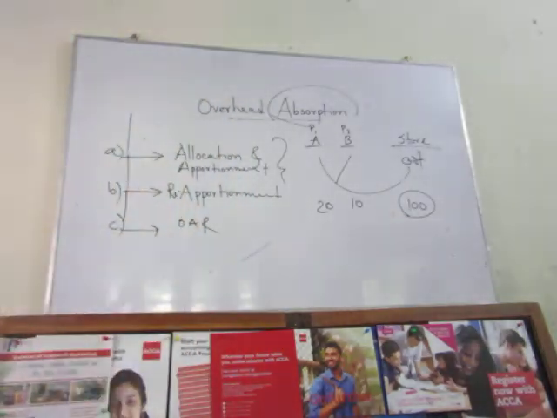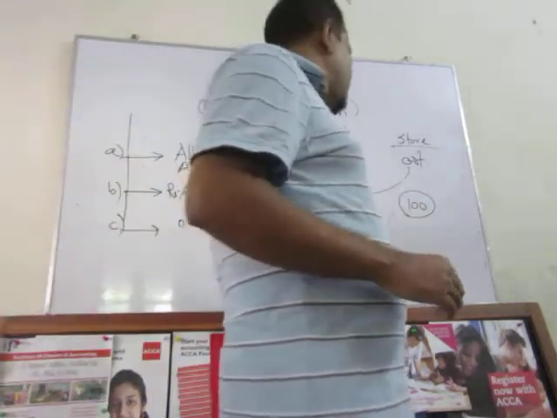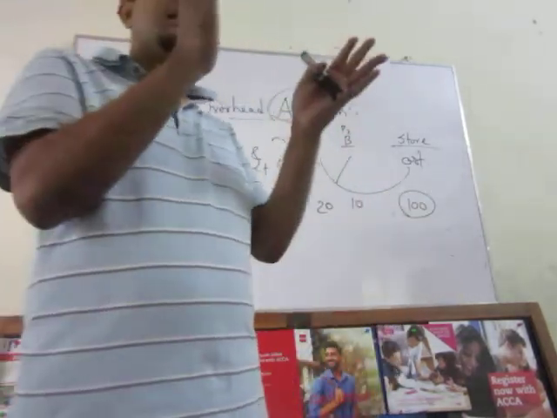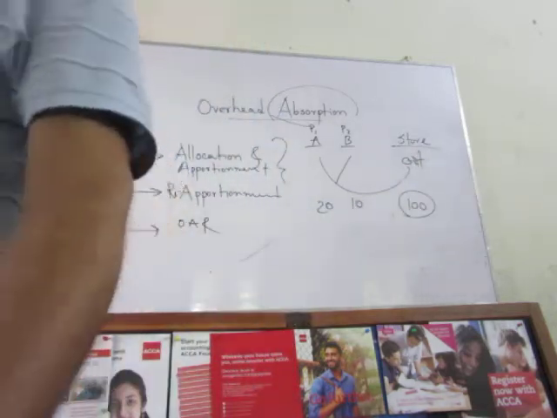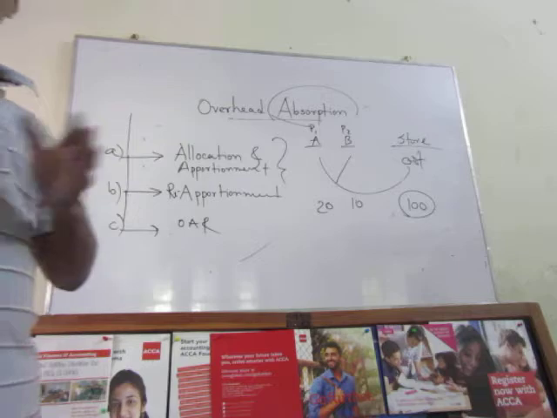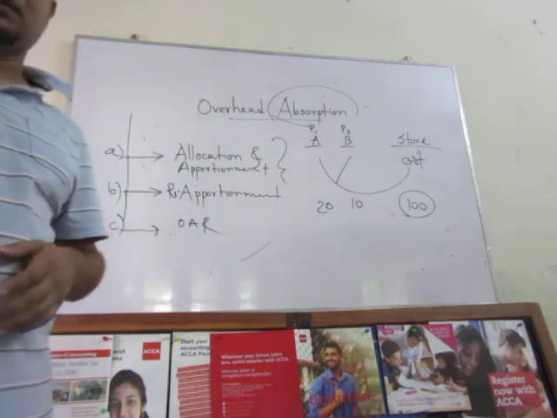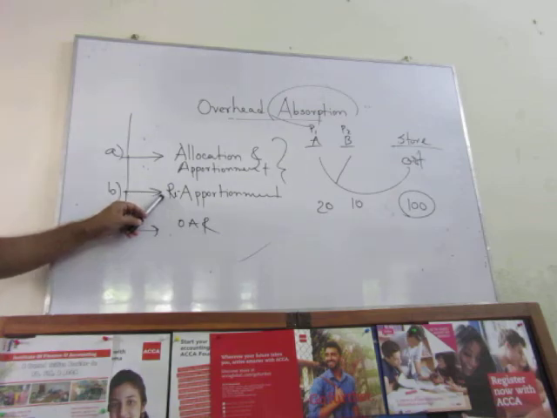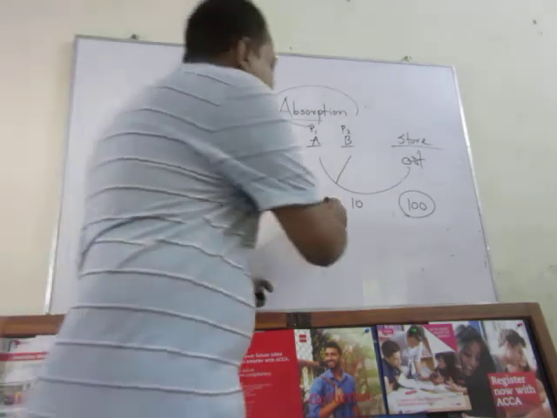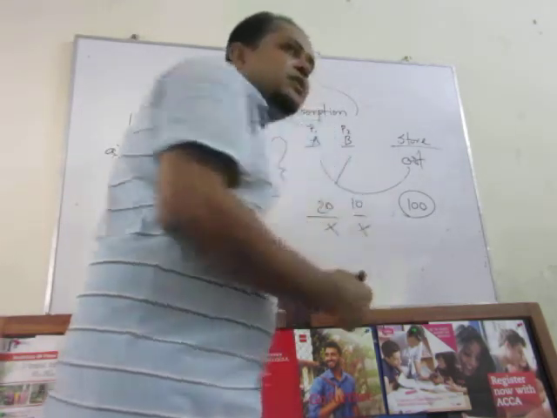The store is to be reapportioned depending upon the value of the material requisitioned by each individual department, whereas the maintenance cost will be reapportioned depending upon the maintenance hours worked for each individual department. Clear? So at the end of the reapportionment, we have only the production departments' total overhead cost.